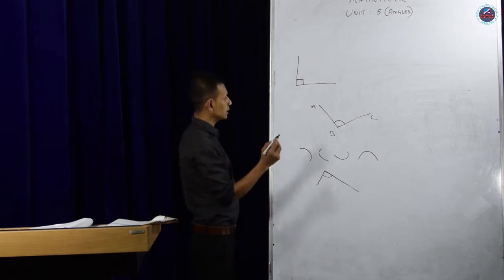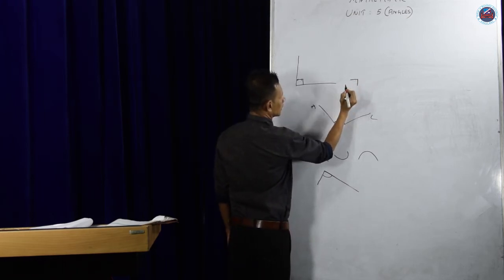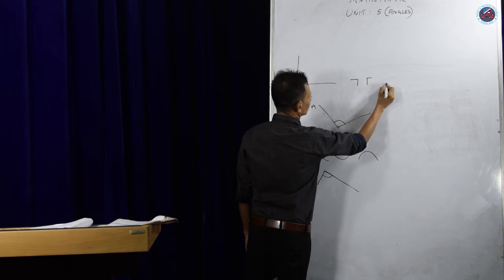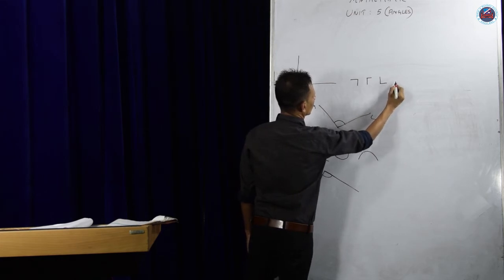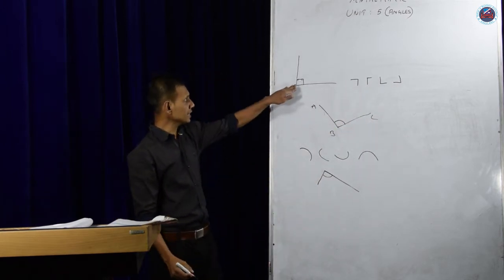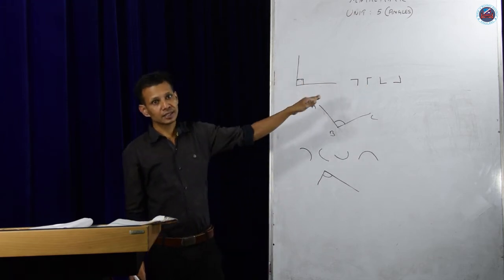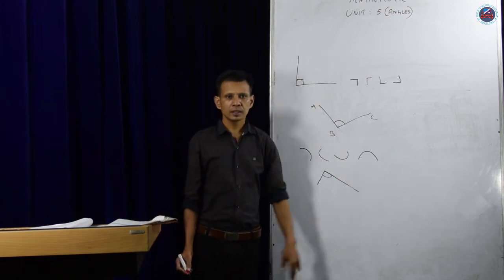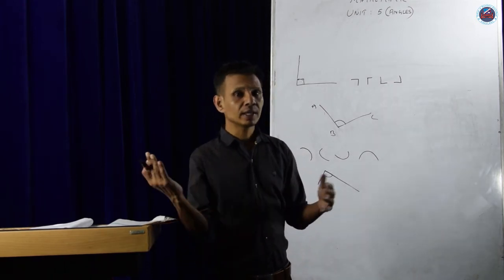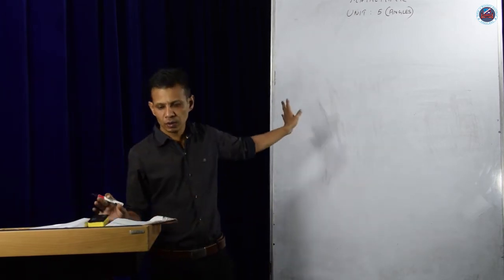So when it is 90 degrees, the angle will be indicated by a line like this, or like this, whatever, but not a curve. And when you see like this, be very sure that it is 90 degrees. And when you see a curve, you will know that it is not 90 degrees. It might be less than 90 or more than 90 degrees. Is that okay?